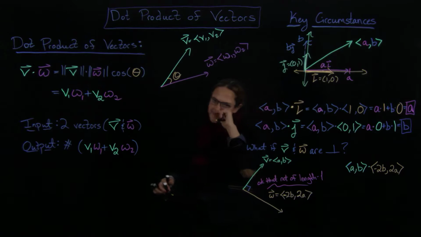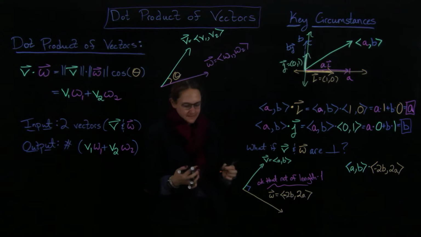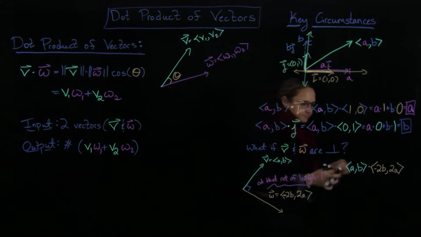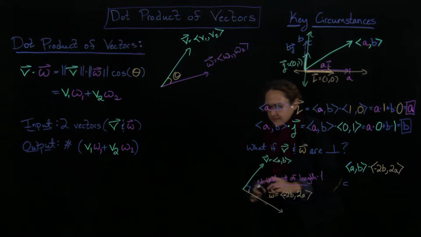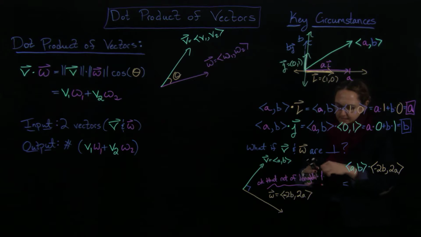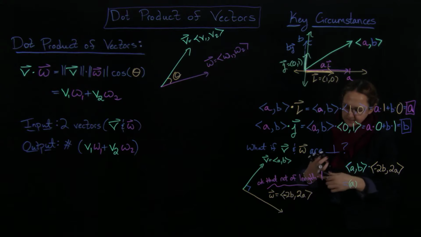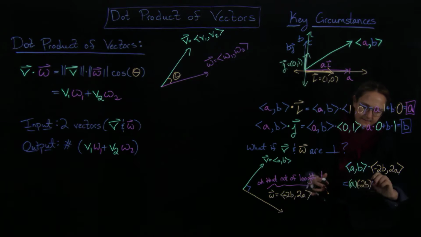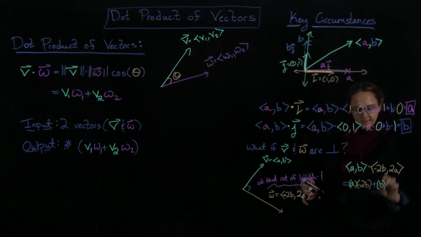That's how you make two vectors perpendicular. Then what you get out is A times minus 2B, and then adding to that B times 2A.